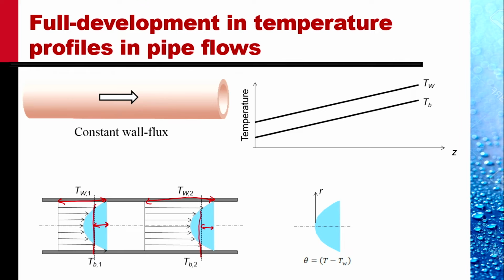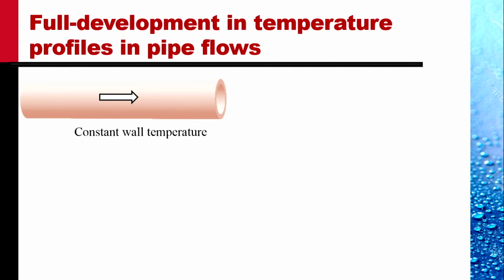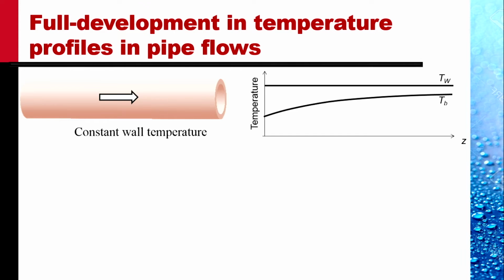Let's next do the other case of heat transfer in a pipe, which is usually done, when the wall temperature of the pipe is assumed to be constant. If there is a constant wall temperature, then the temperature profiles down the pipe look like this.